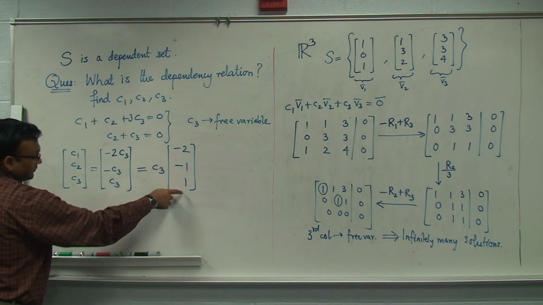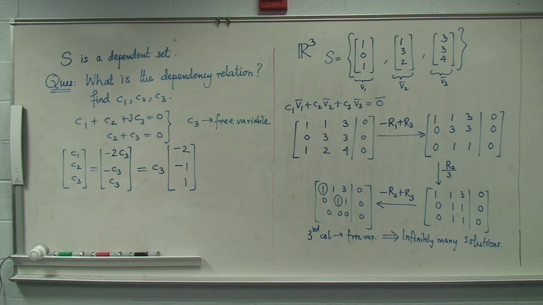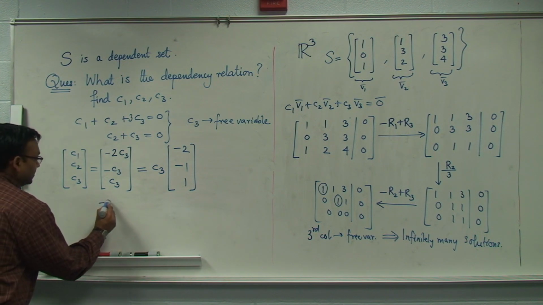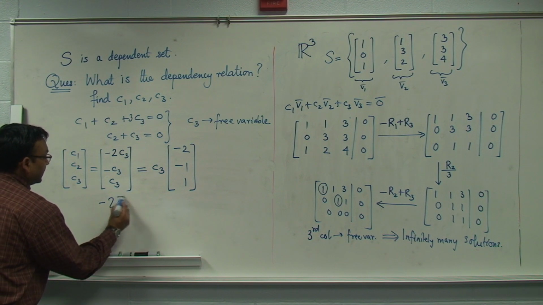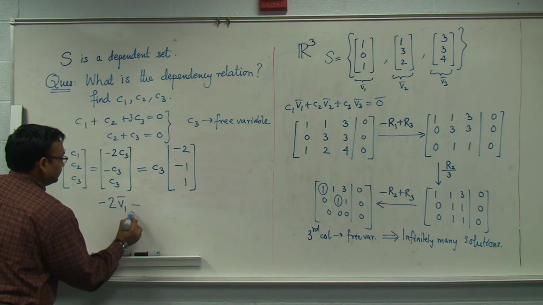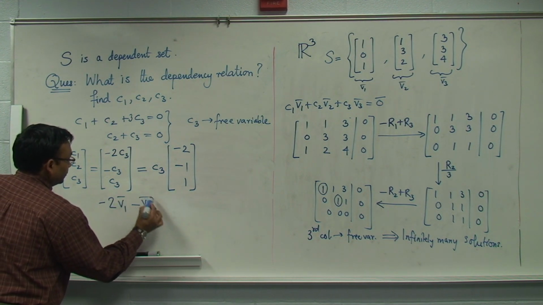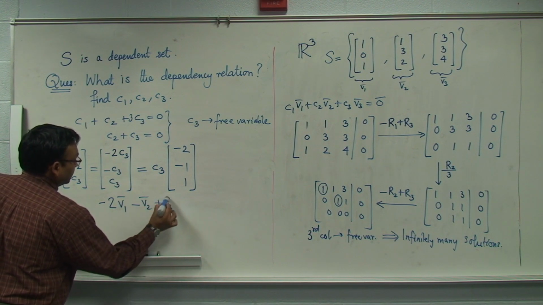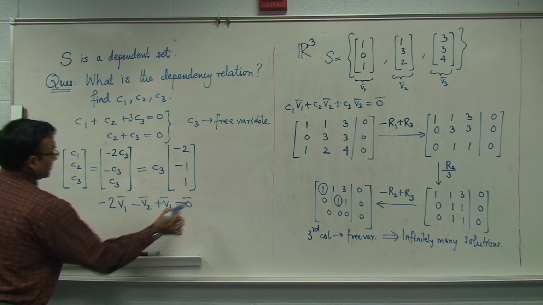Or I can multiply this vector by any non-zero scalar I want and produce other solutions to that equation. So once I have one dependency relation, I can produce infinitely many dependency relations. So just to be clear, this is what we have so far: minus 2v1 minus v2 plus v3 will give me the 0 vector.